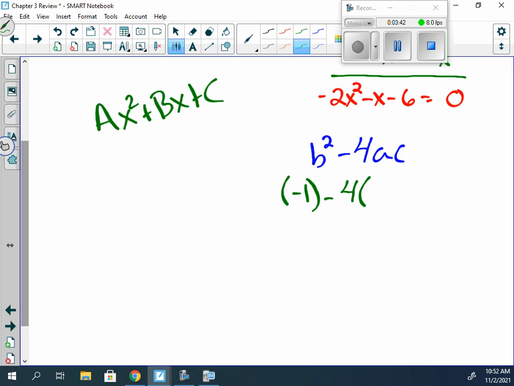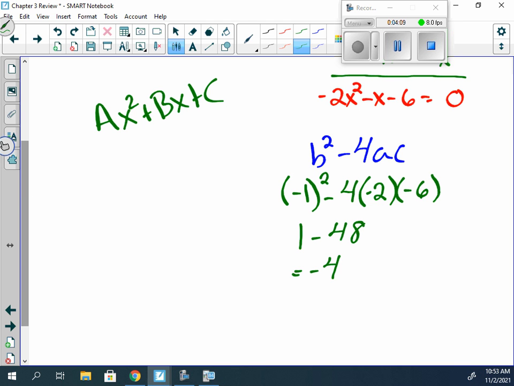Minus 4 times a, well, a is negative 2, and c is negative 6. And this should be negative 1 squared. Well, negative 1 squared is 1. And negative 4 times negative 2 is going to be positive 8, times negative 6 would be negative 48.